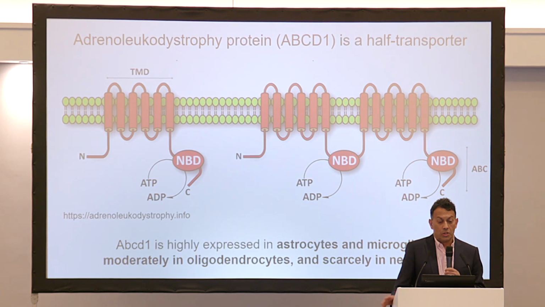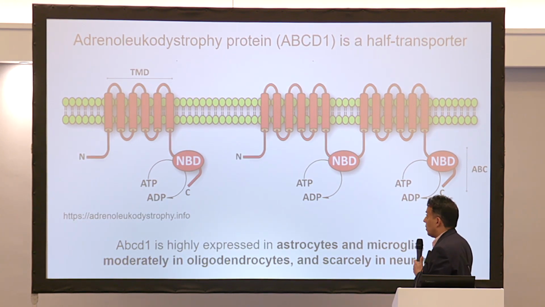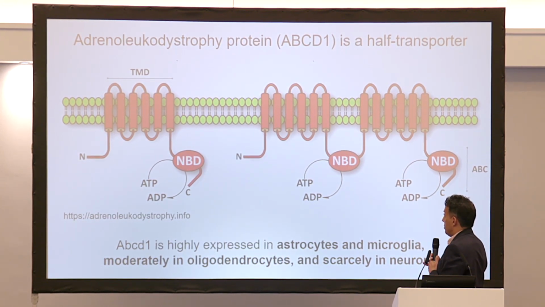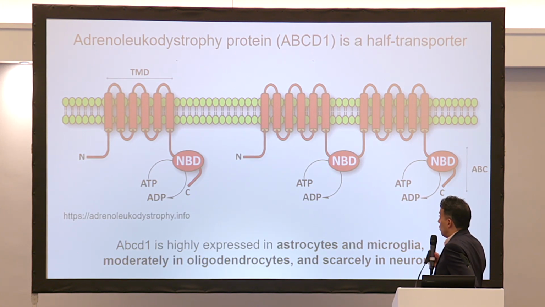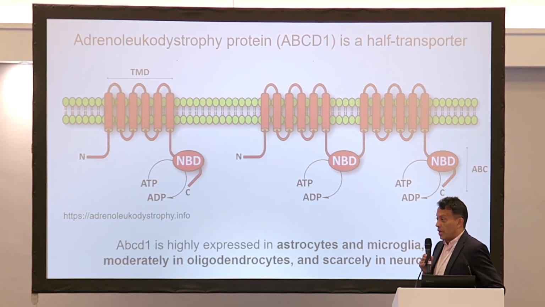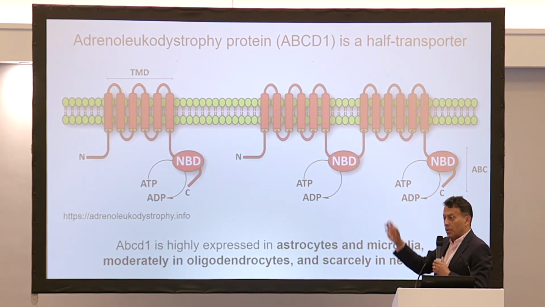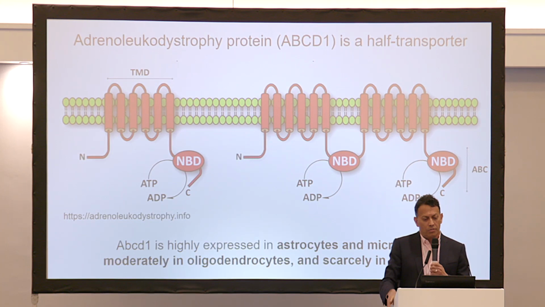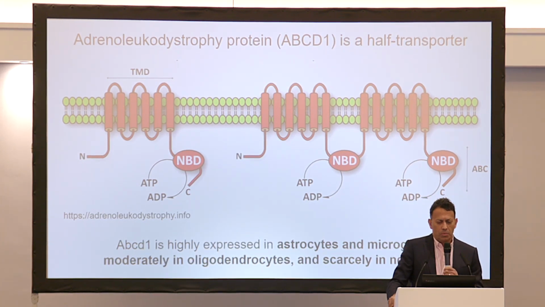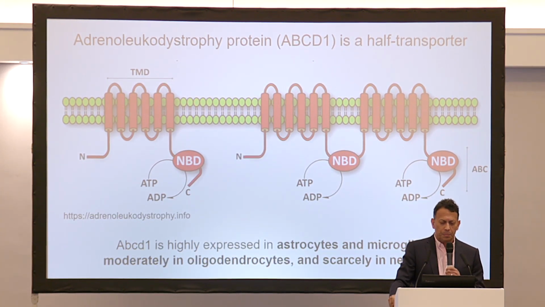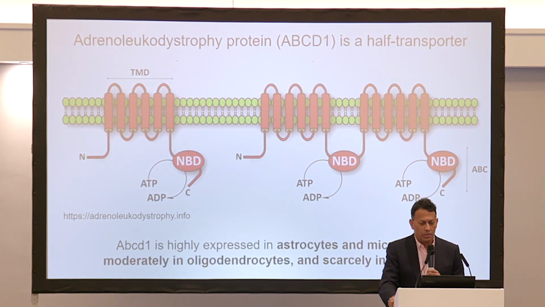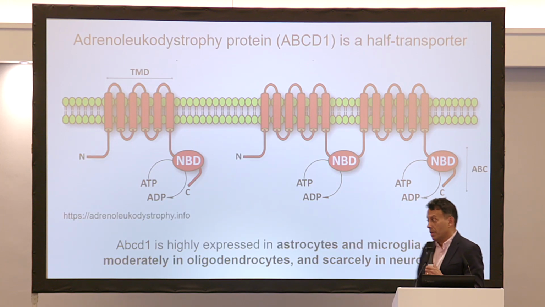The gene encodes a protein called adrenoleukodystrophy protein, or ABCD1. As I said before, this is a half-transporter. It needs to partner with another half-transporter or another family member in order to transport those very long-chain fatty acids into the peroxisome.